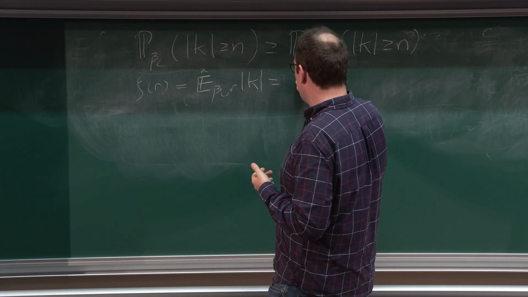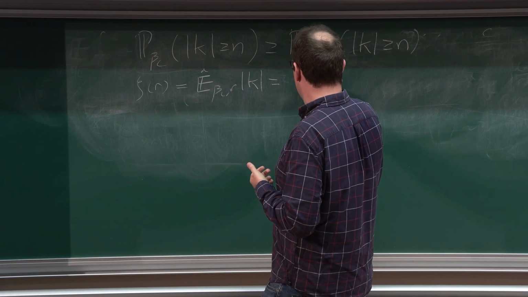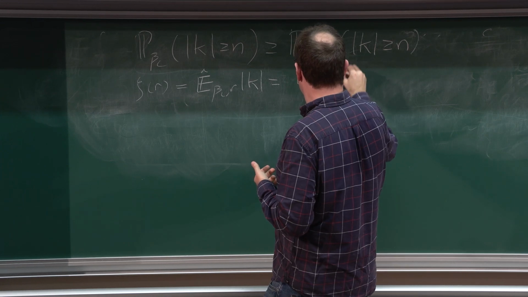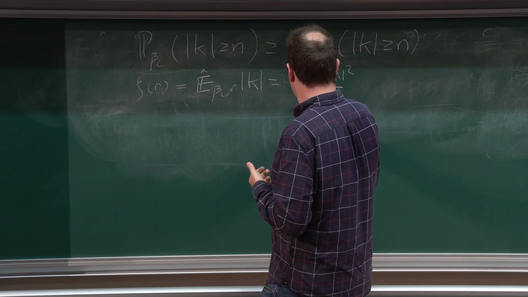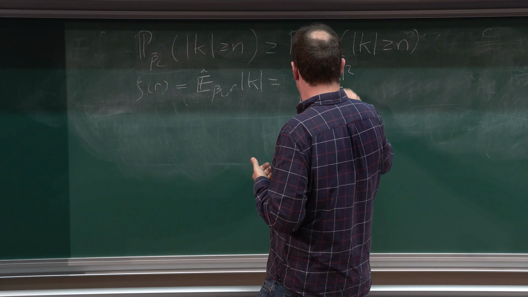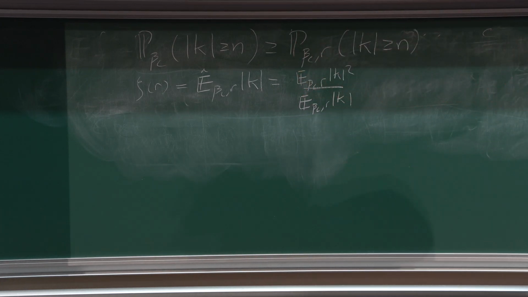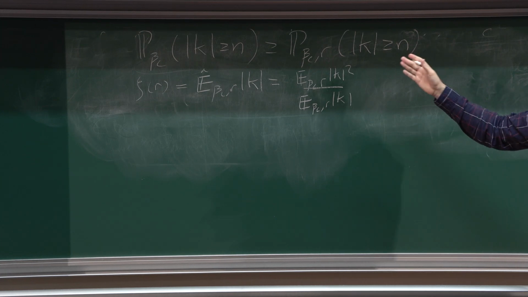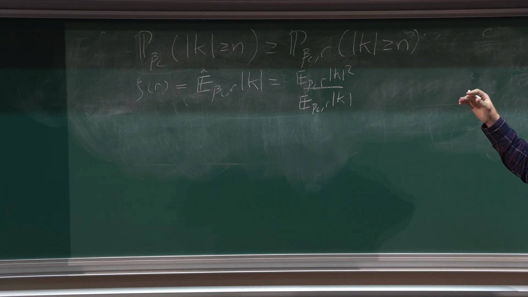Which is the same thing as the ratio of the second moments to the first moment. Okay? And again, there's this heuristic that the best way to be in a large cluster is to be in the typical large size cluster for one of these cutoff measures.